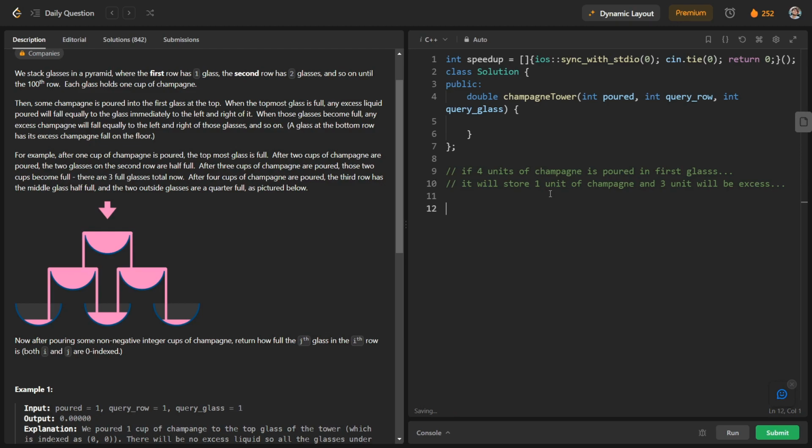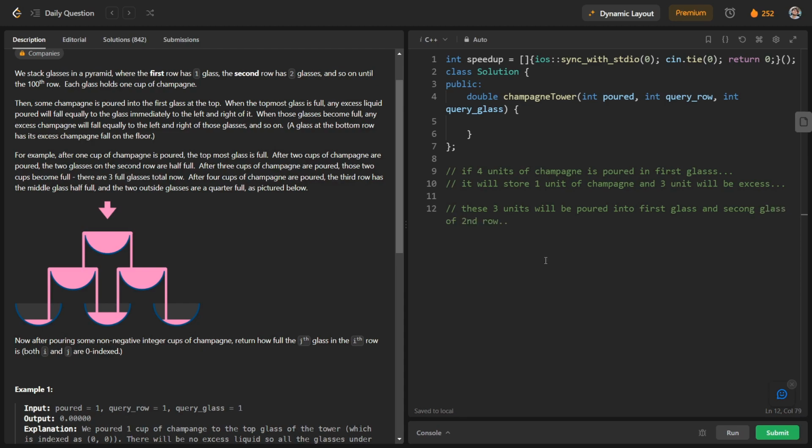So what will happen, these 3 units will be poured into the left and right glass of this first glass. So I will write here, these 3 units will be poured into the first glass and second glass of the second row.